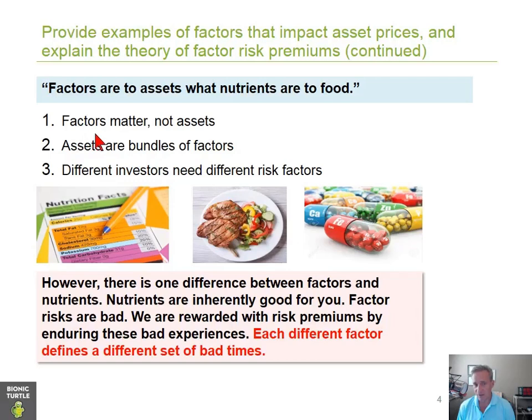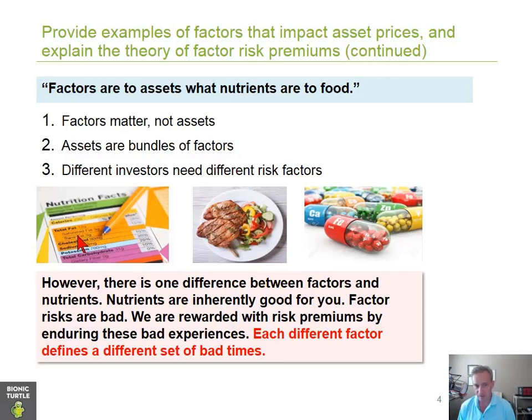He's saying that it's factors that matter, not the asset labels that we traditionally think about when we think about asset allocation. Second, assets are bundles of factors, just as a meal is a bundle of different nutrients. And I forgot the analogy on the first one: the factors matter, not the assets.